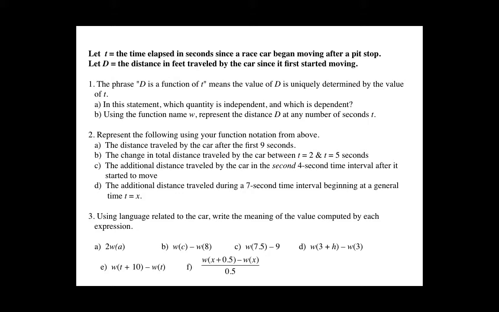Now, as a question, W of 5 minus W of 2, how does that relate to W of 3? Are they the same? I suppose they could happen to be the same, but they don't mean the same things. This tells us the difference in these distance values between time 2 and time 5. W of 3 would mean what?